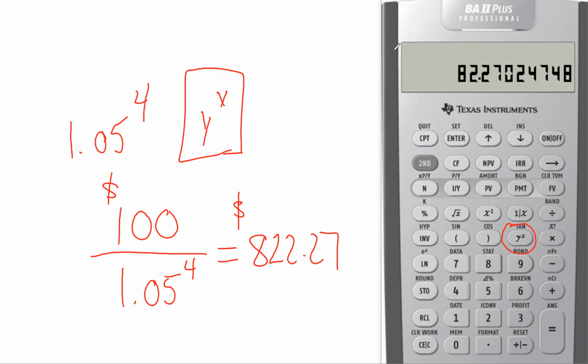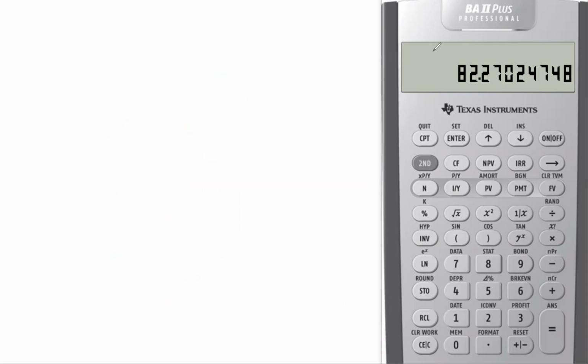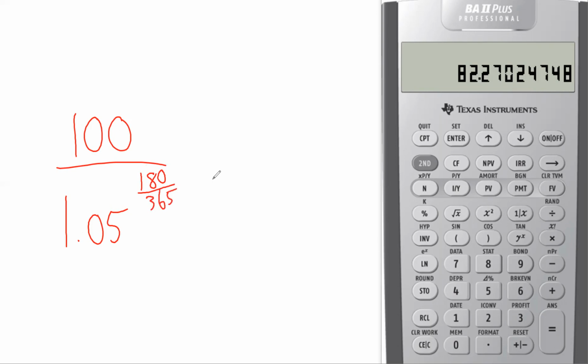Okay, so let's clear this off and let's look at one more example. What if we had something like 100 divided by 1.05, and this was to the exponent 180 divided by 365? So now how are we going to do this on our calculator? Well, let's clear our calculator.